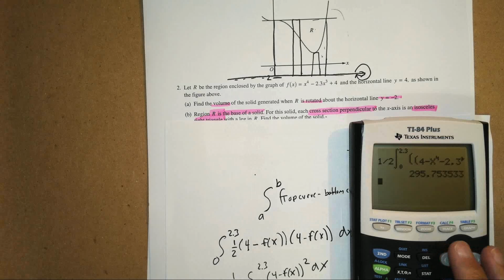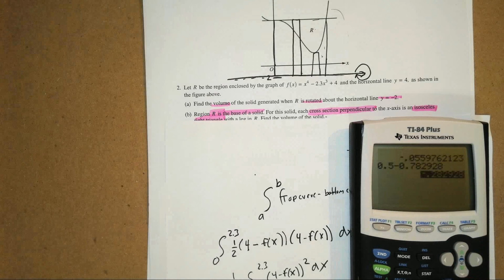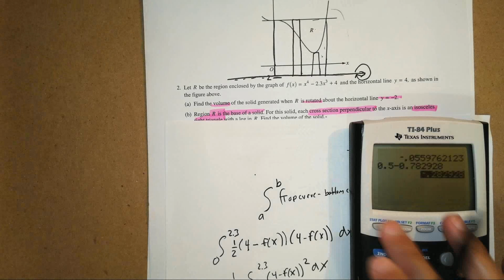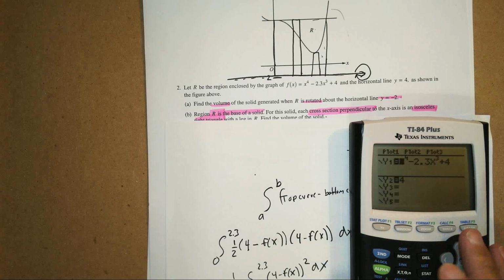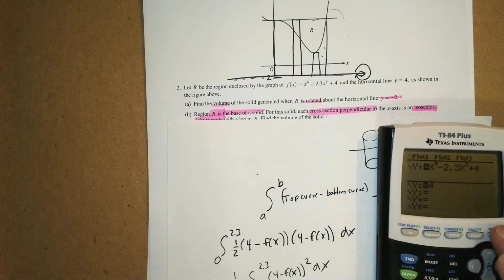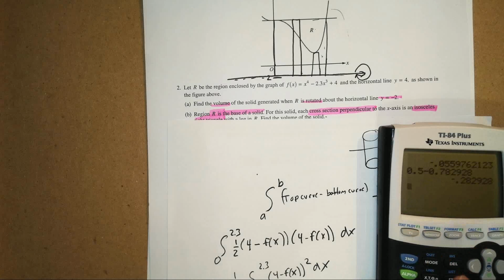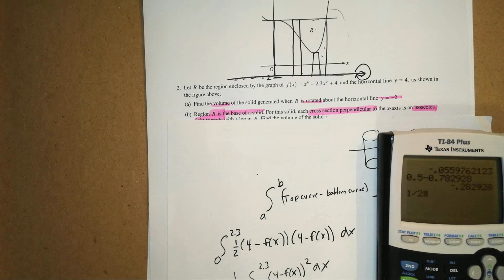dx, press enter. Now the biggest mistake, let me type that in one more time. So when you go to math, 1/2, number 9, 0 to 2.3, then once again 4 minus, and I'm going to keep this in parentheses, 4 minus, and then I have to open another parenthesis.